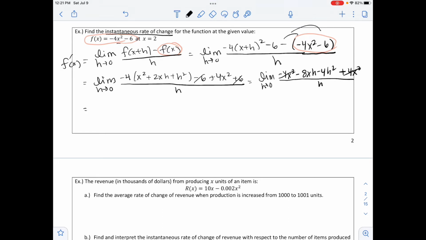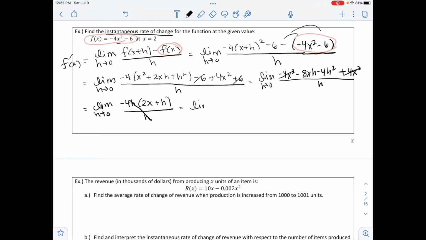So from here, I can factor out a GCF in the numerator. And so we have the limit as h approaches 0 of, and I'm going to factor out negative 4h. And then we have a 2x and just an h left over. And then dividing by h. From here, you can simplify this by reducing those h's.